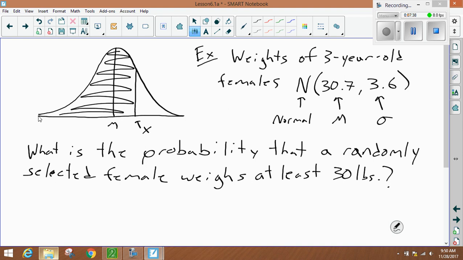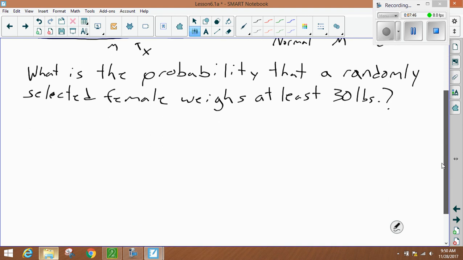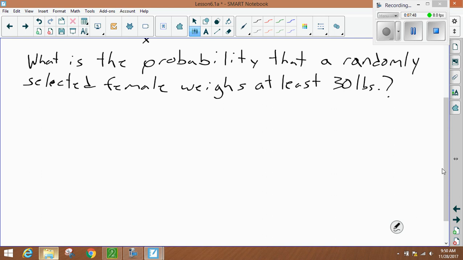All right, so just as we did before, we're going to draw a picture of what that looks like in terms of a normal distribution, right? So I draw my picture. My mean is 30.7.